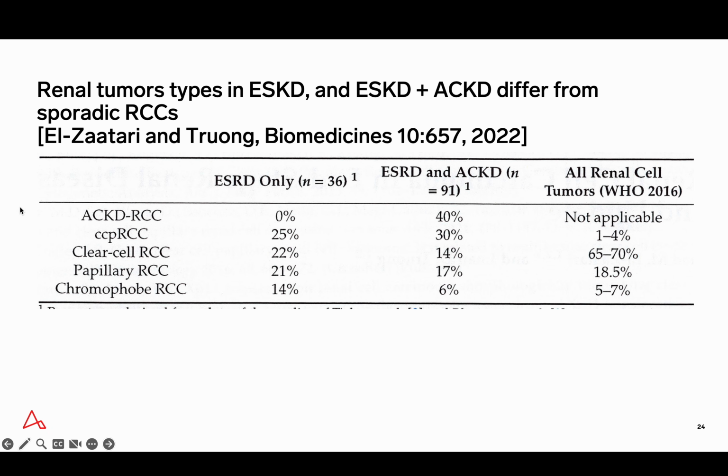This tumor is very common in end-stage kidney disease as well as acquired cystic kidney disease, but is very rare in the sporadic sense. Sporadic tumors, of course, are predominantly clear cell renal cell carcinoma, which are correspondingly less frequent in end-stage renal disease and acquired cystic kidney disease. Nonetheless, in both of these clinical contexts, a variety of tumor cell types are possible.